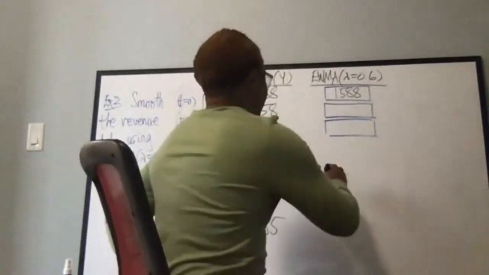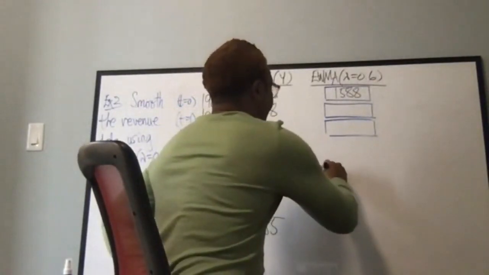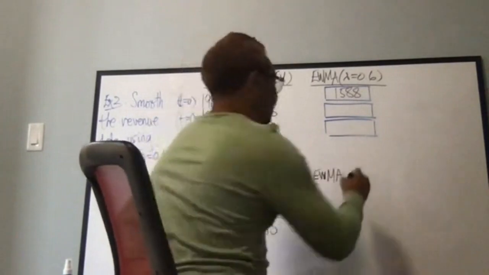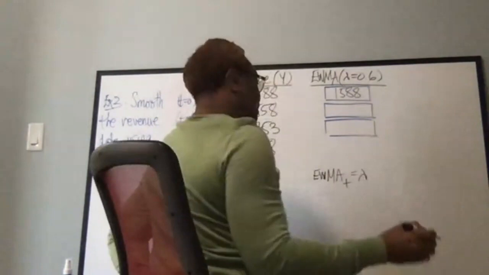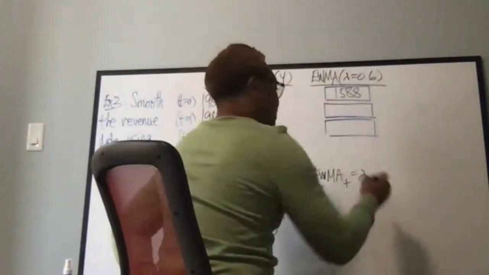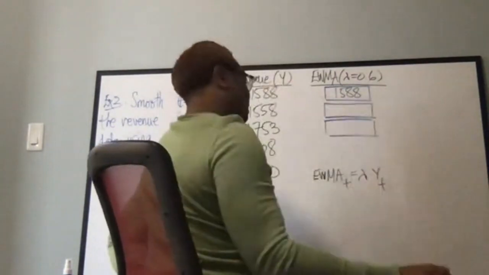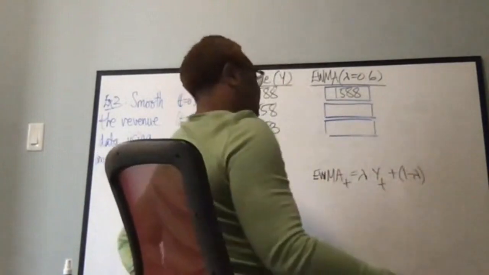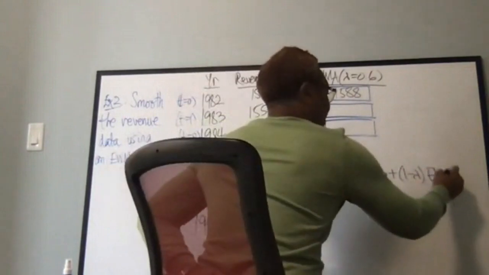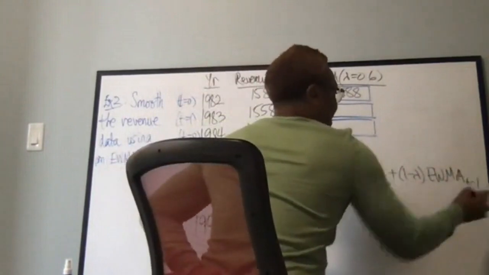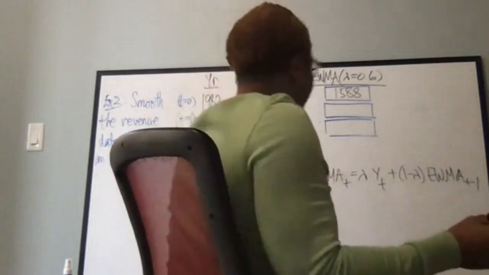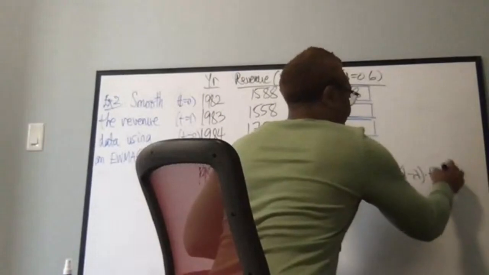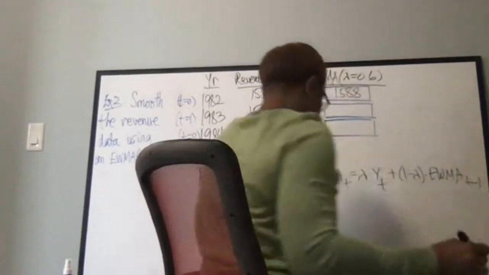Here's what the second part looks like: EWMA of t equals lambda times y sub t plus 1 minus lambda times EWMA of t minus 1. I hope you guys can see that.